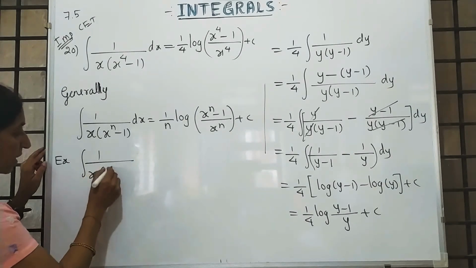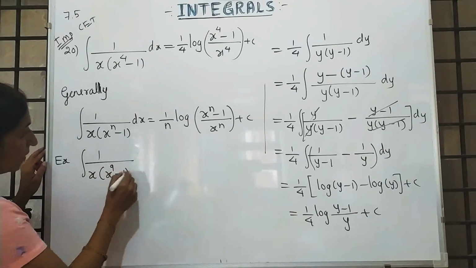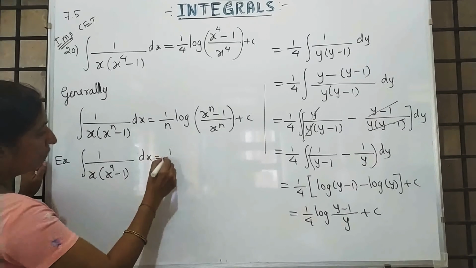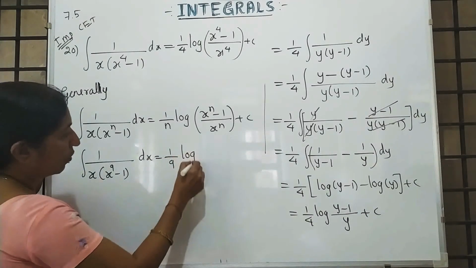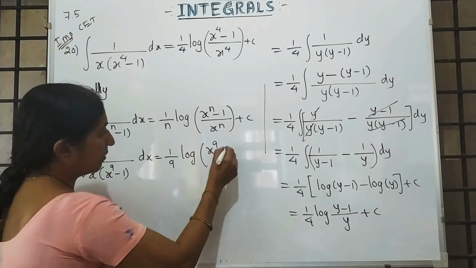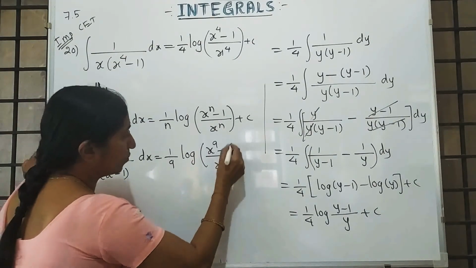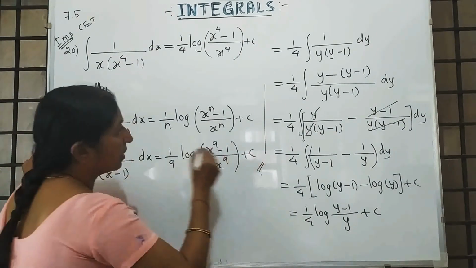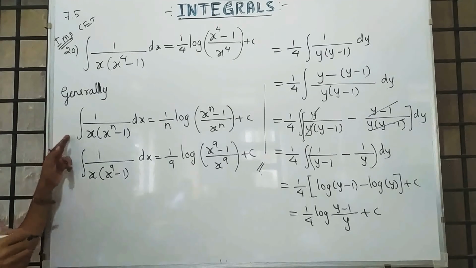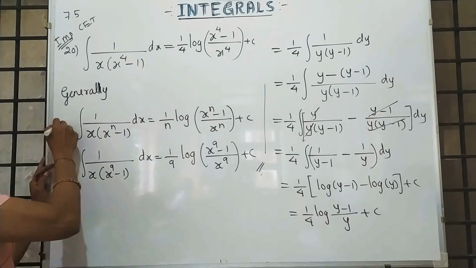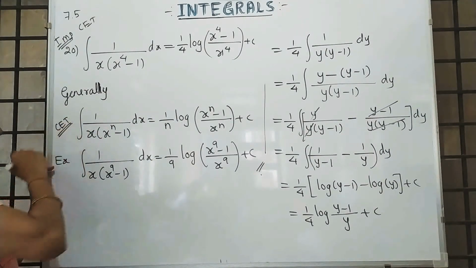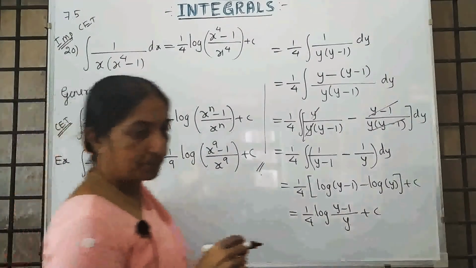If it is x raised to 9, then how do you write? 1 by 9 log of x raised to 9 minus 1 upon x raised to 9 plus c. That is how we are using this general formula. Please note down, this is very, very important for your CET as well as theory.